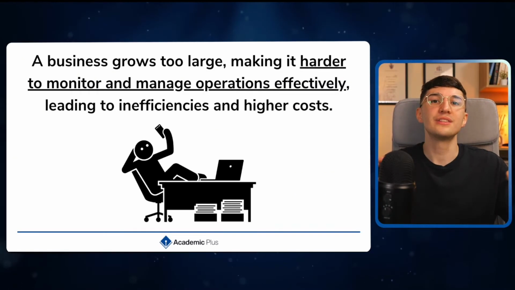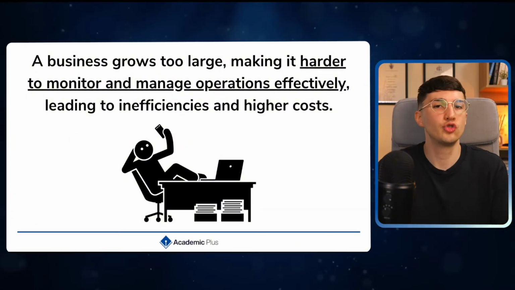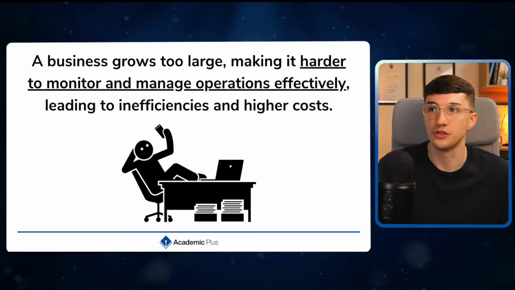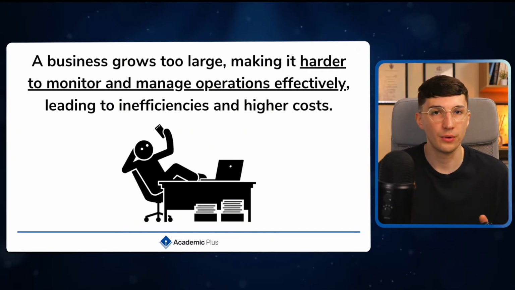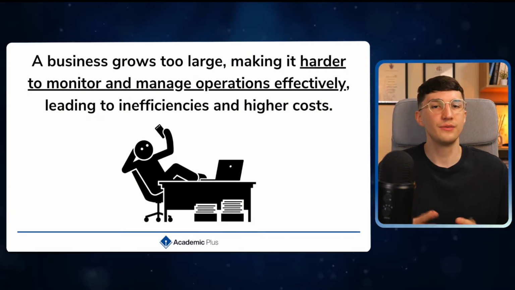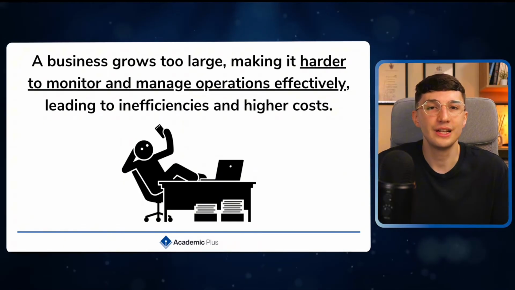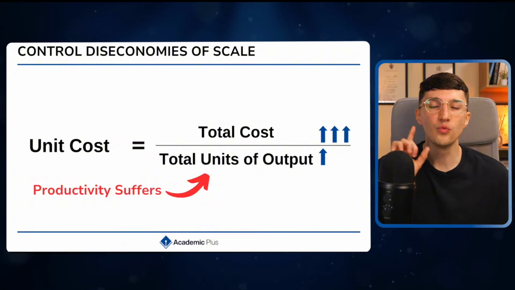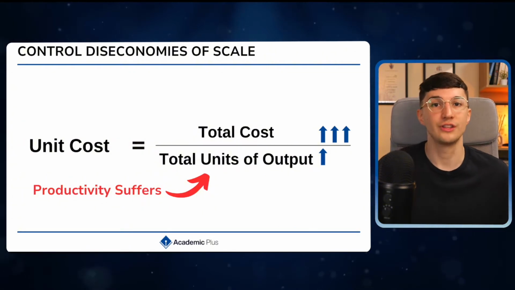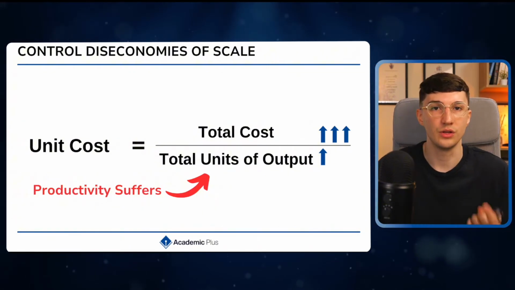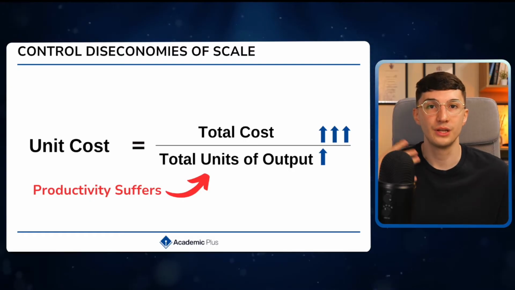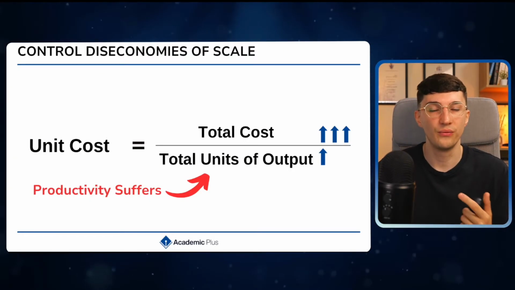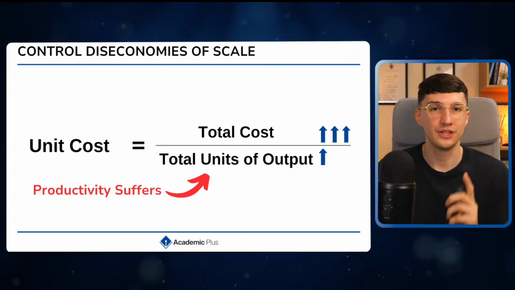So as the business grows too large, it hires too many employees, making it harder for managers or supervisors to effectively manage their operations. So inefficiencies start to happen, productivity levels begin to reduce, and of course this increases our costs. So the reason why our total cost is increasing at a greater rate than our total units of output is because our productivity levels begin to suffer.